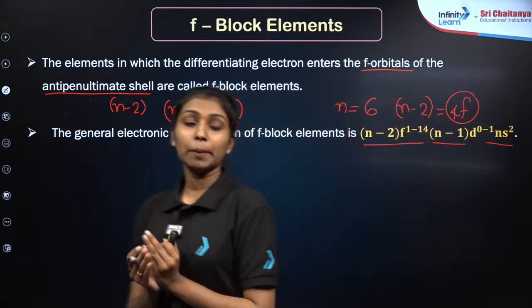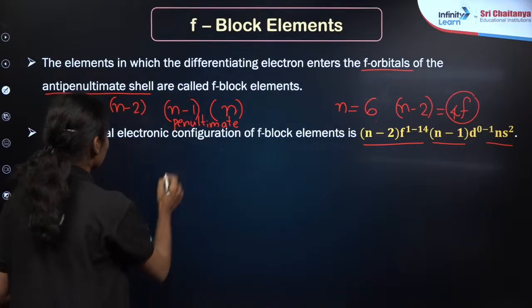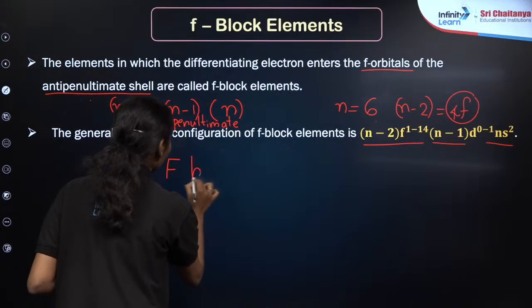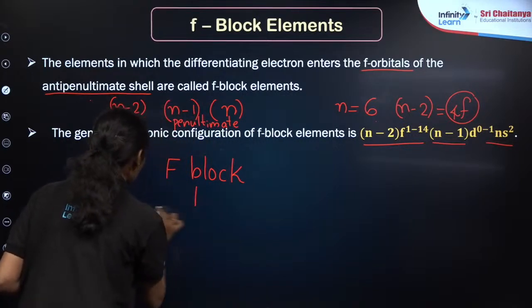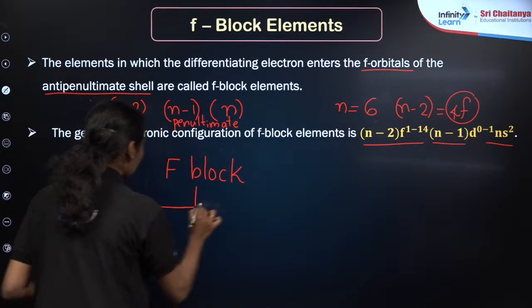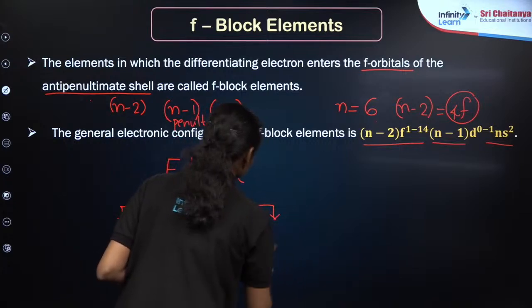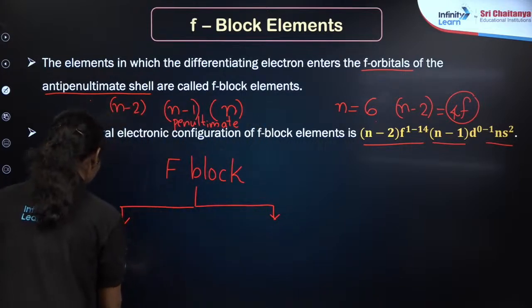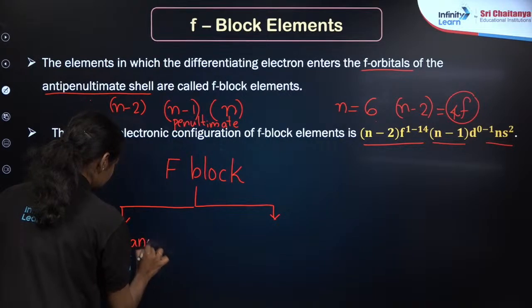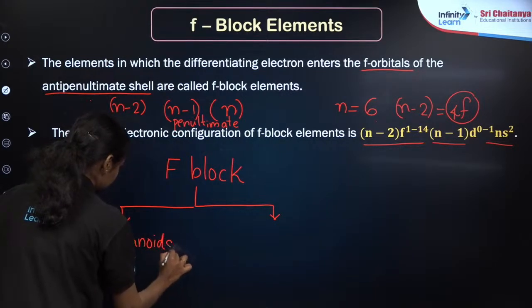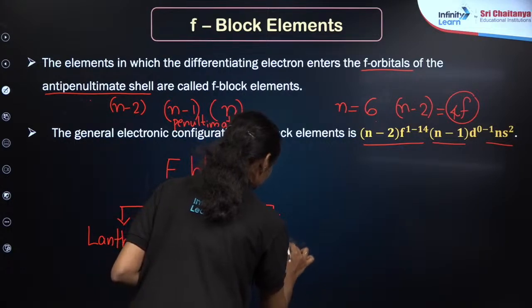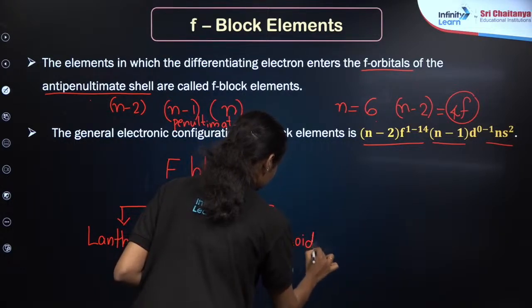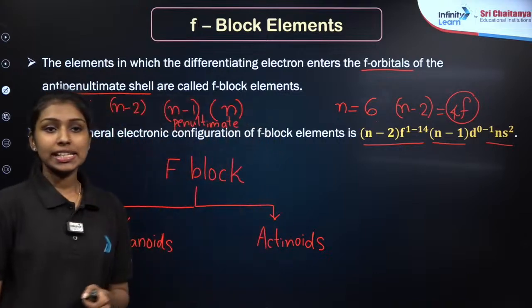While observing the periodic table, you can see that these F block elements are classified into two series, right? What are they? Lanthanoids and actinoids, right?